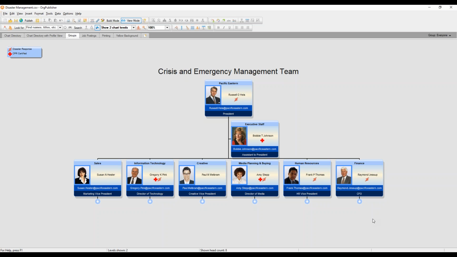The data is brought in from your source of HR truth, whether that be a database or an HR system or even an Excel file or any combination or a set of files. The data is brought in and published onto your organisation's intranet every night, and so it's always available to everybody who has access, and it's always up to date.